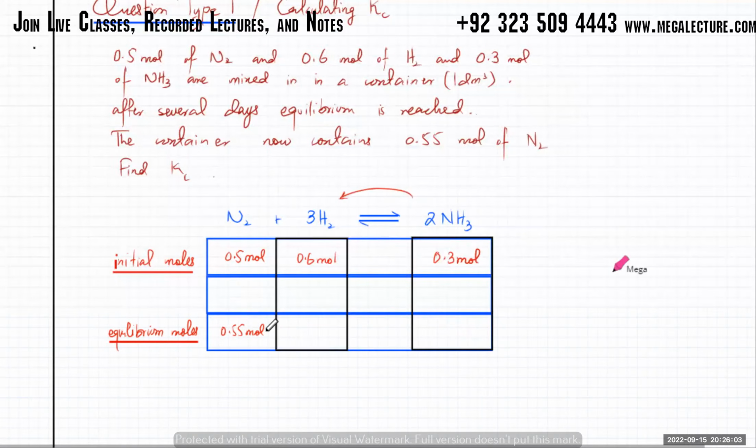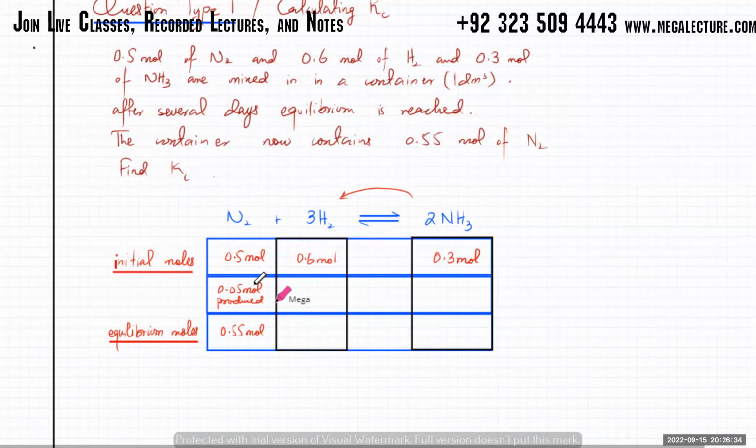And by what amount? In the time it took for equilibrium to be reached, 0.05 moles of N2 have already been produced. An extra 0.05 moles. So they've been produced. Is that clear?